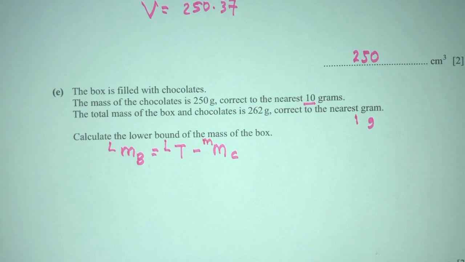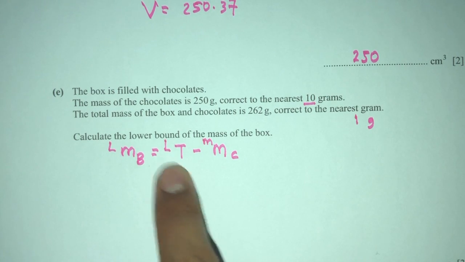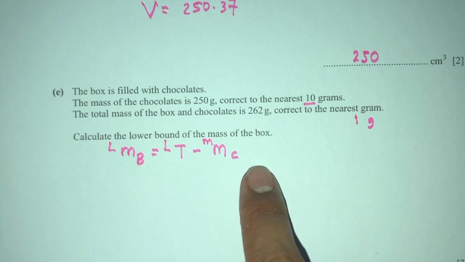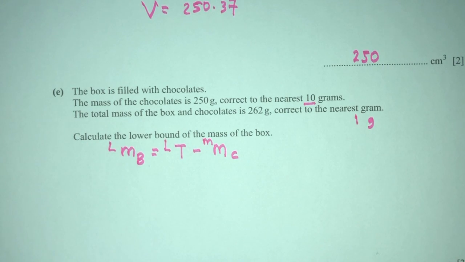So basically, if you want to find the minimum amount through subtraction, you have to take the minimum minus the maximum so you can get the result of a minimum. I hope that makes sense, right?